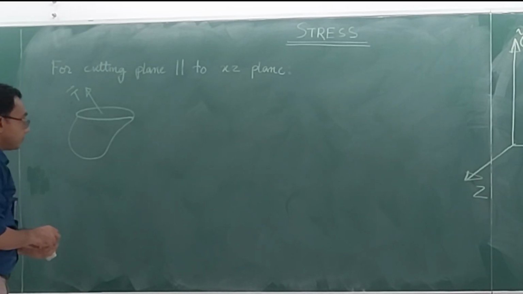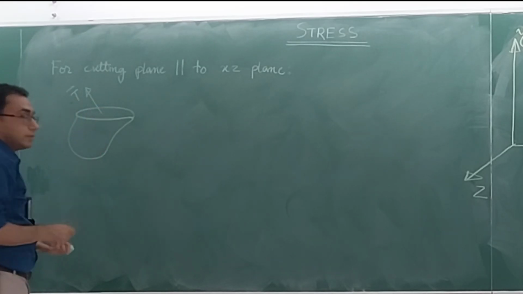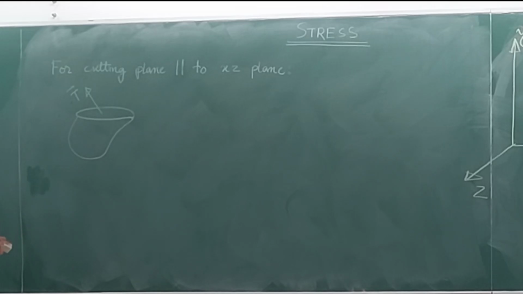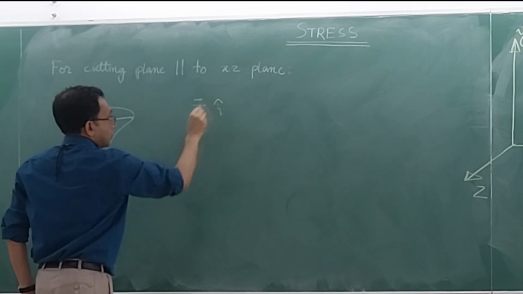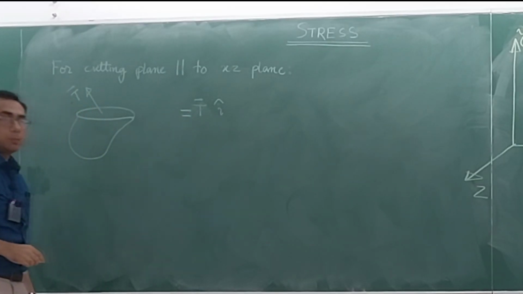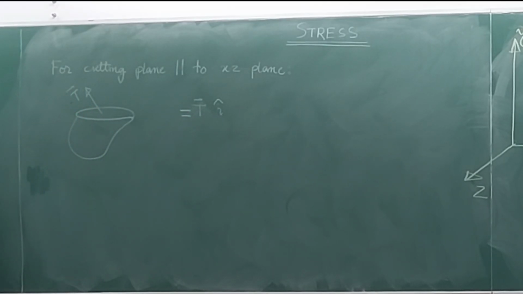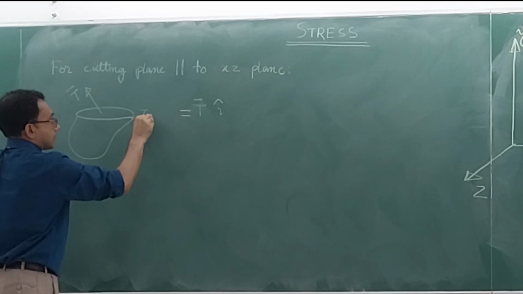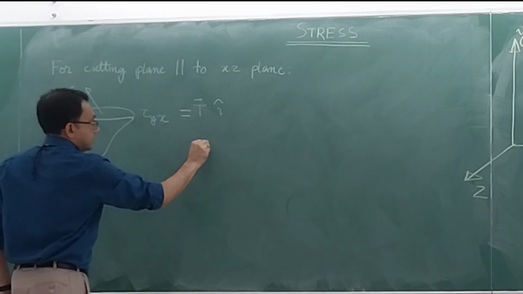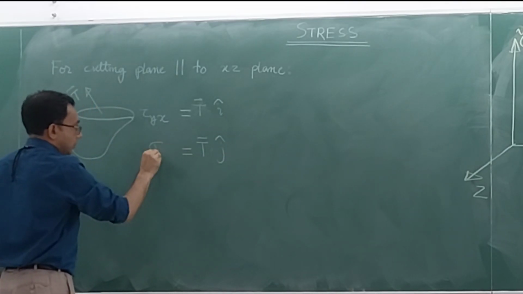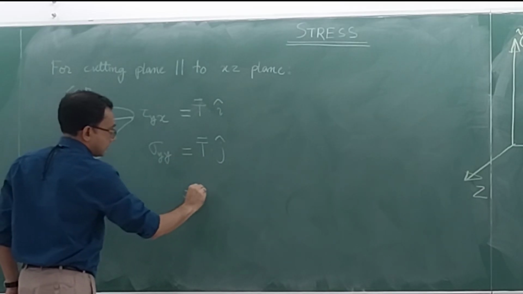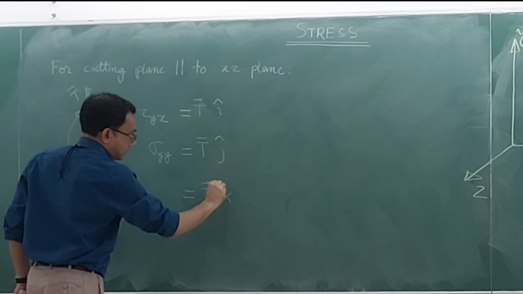And now, if you take for this t vector different components, what are you going to get? For this t dot i hat, what is the stress component that we are going to get? Tau yx. If you take t with j, what are you going to get? Sigma yy. Very good. What is it?